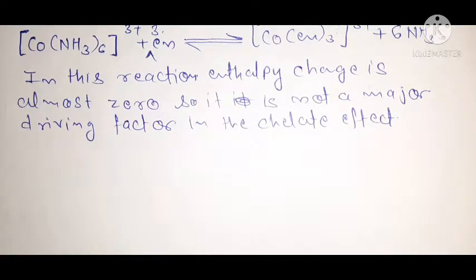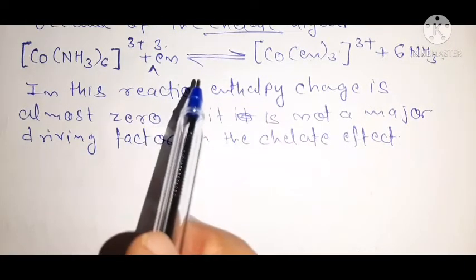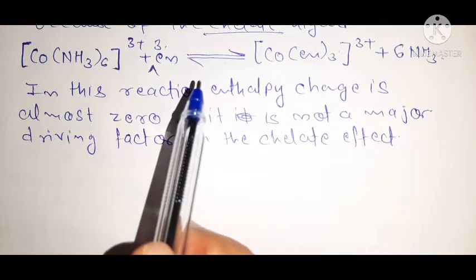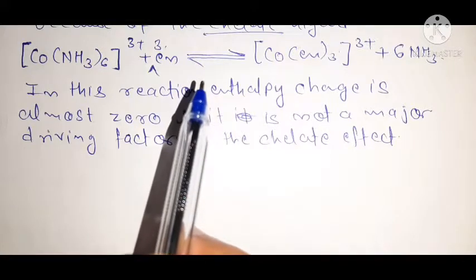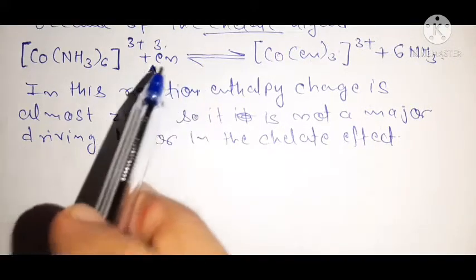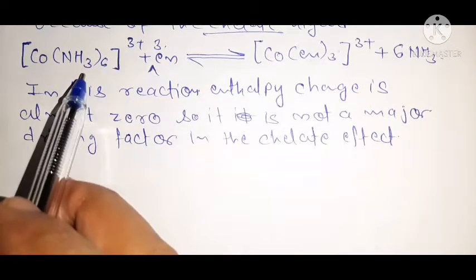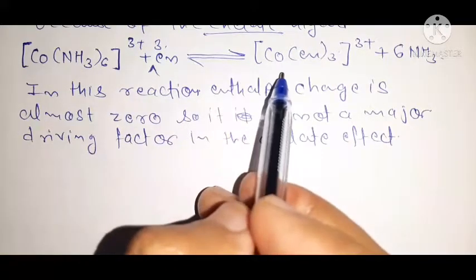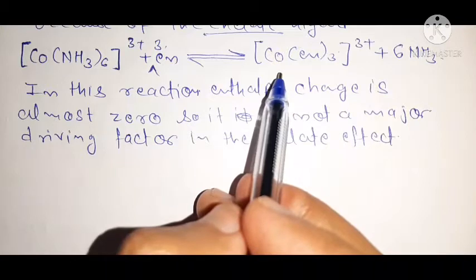Now we take entropy change. So when we talk about entropy change in chelate effect, in this reaction you clearly see that when a chelating ligand replaces monodentate ligand, there is an increase in the number of free molecules in the system, and when there is an increase in the number of free molecules, that means the entropy change is positive.